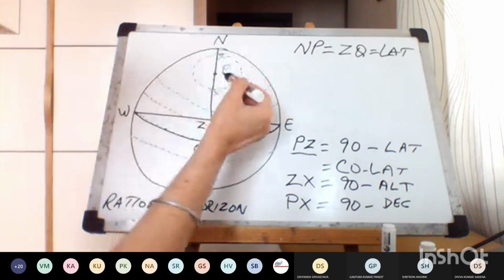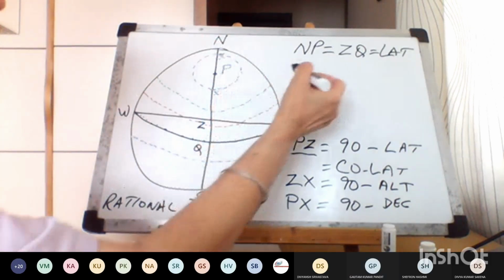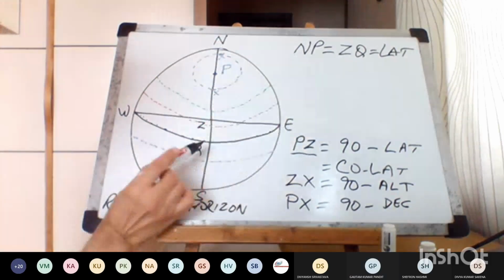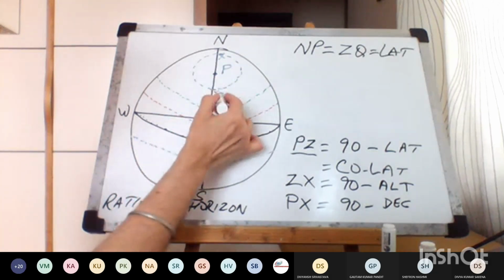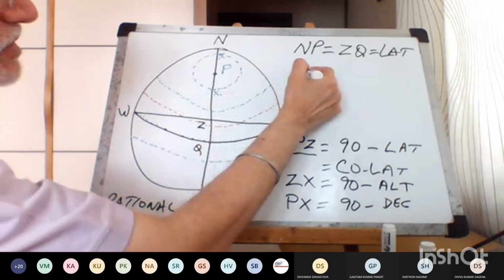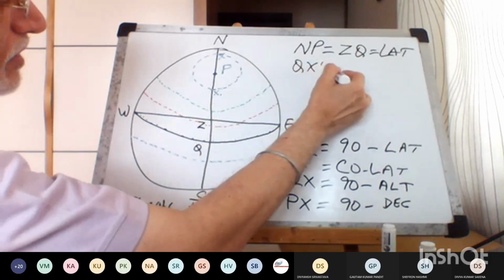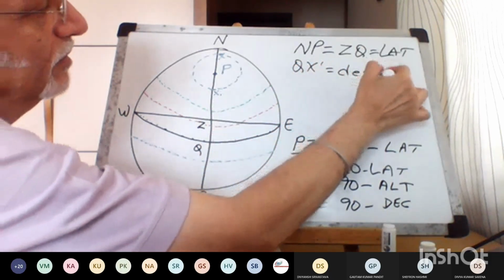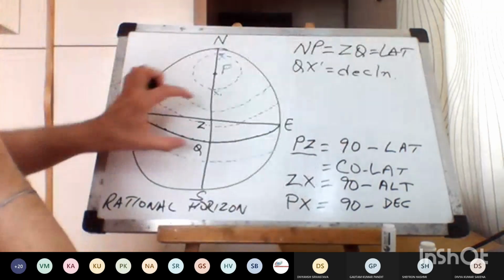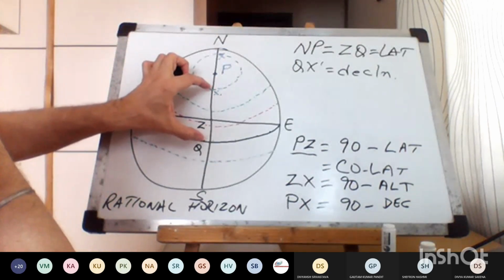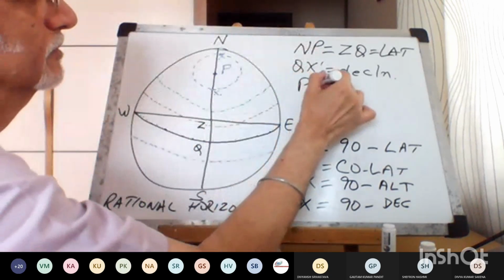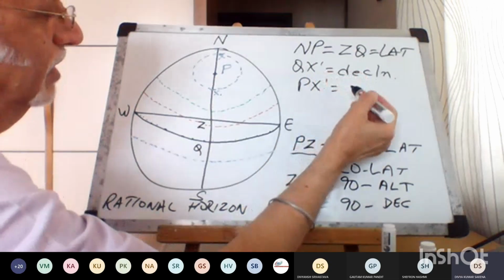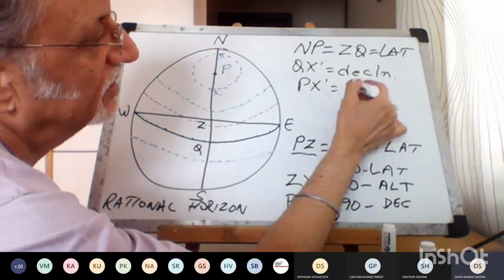Yes, sir. So in this case, what is PX? From Q to X dash, let me call this X dash, from Q to X dash is equal to the declination of the body. This is the declination. So what is PX dash? 90 minus declination. 90 minus declination is equal to the polar distance.